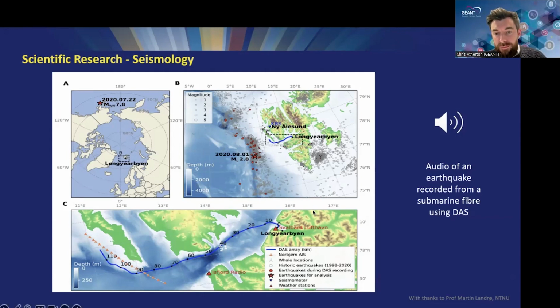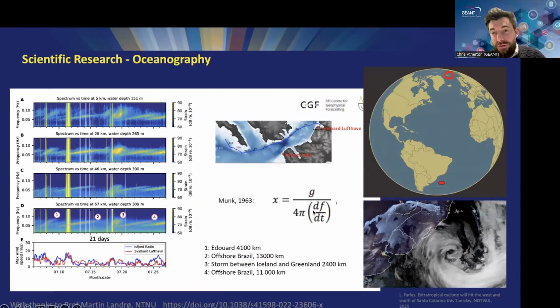We've also been able to monitor the oceans and oceanographic effects. Here is one image I've used a few times. In the center, there's a number of bands of frequencies which were detected over 21 days.